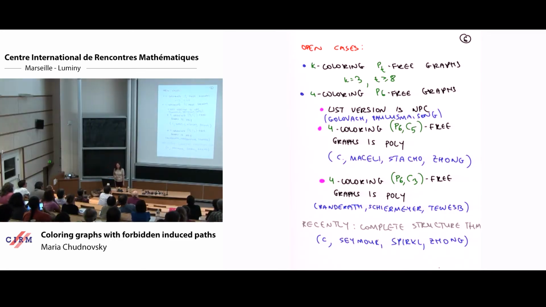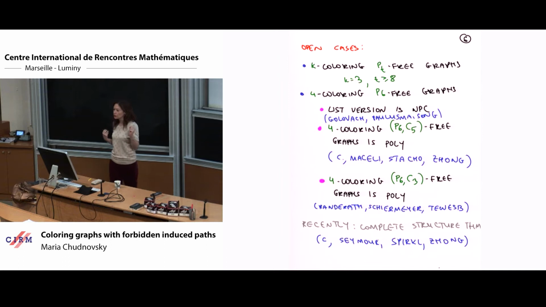So people have been working on it, and there's something interesting happening there. First of all, the list version is NP-complete. So you know what list coloring is. I'm going to define it later, but I'll tell you informally now. You have a list for every vertex, and you want to find a proper coloring so that vertices must be colored from their list.